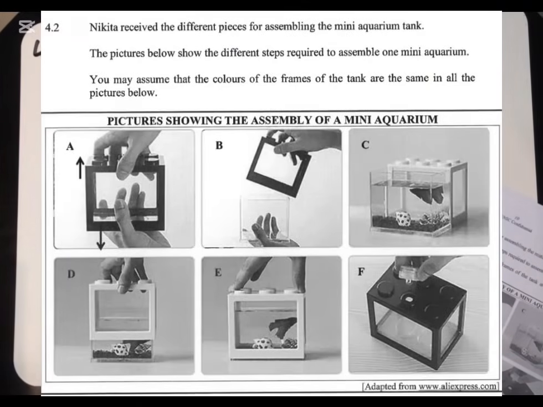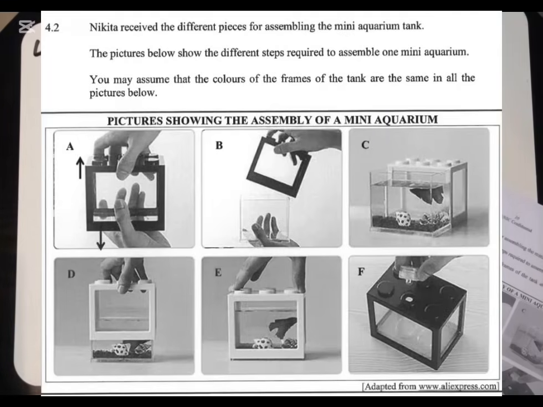We move to 4.2. It says that Nikita received the different pieces for assembling the mini aquarium tank. The picture below shows the different steps required to assemble one mini aquarium. You may assume that the color of the frame of the tank is the same in all pictures below.